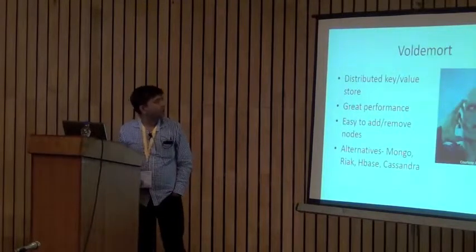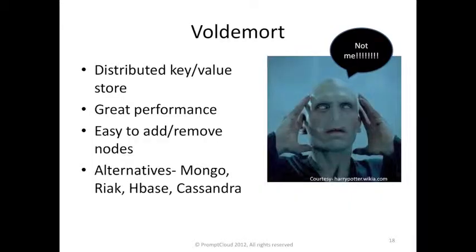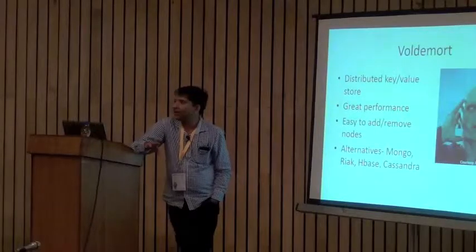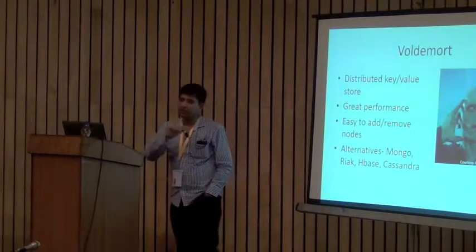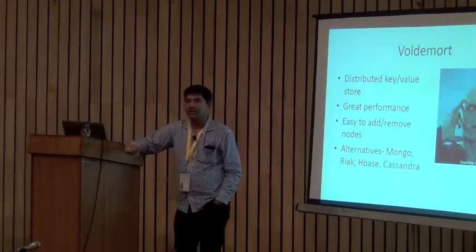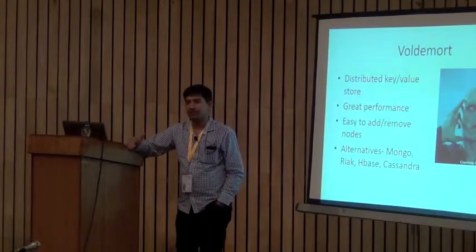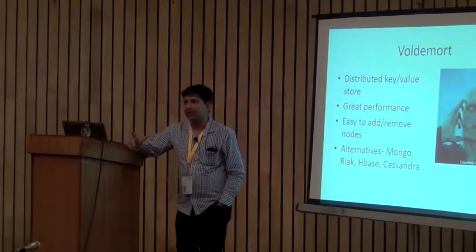And in that respect, I really like Voldemort. It's a simple key value store. It does only one thing and does it nicely. It's pretty simple to add a node or remove a node. You can specify if you want to write some data, how many nodes it should go to, and when you want to read, how many nodes it should be read from to be considered valid data.